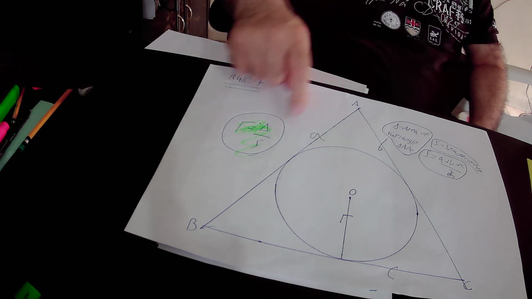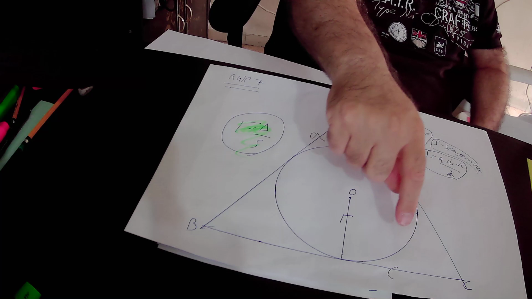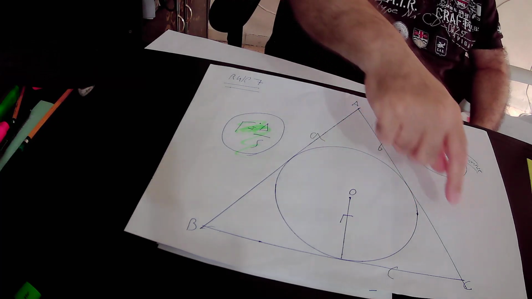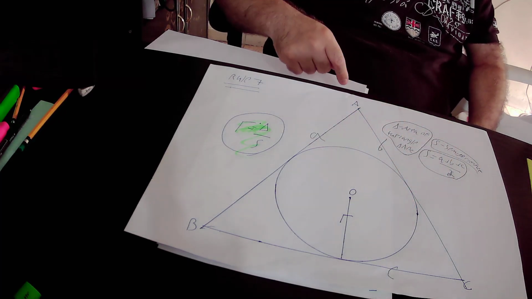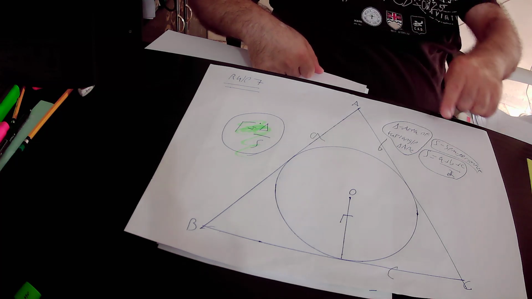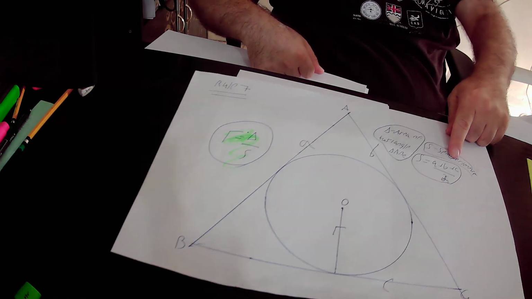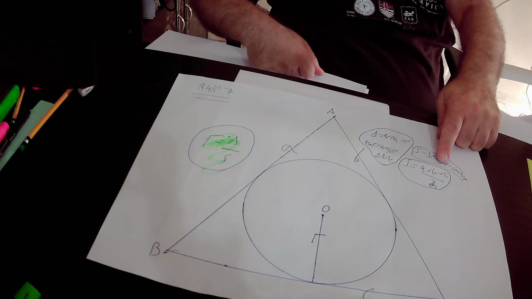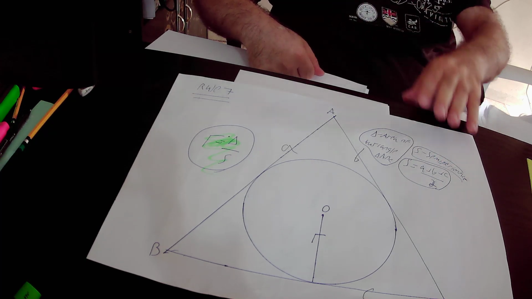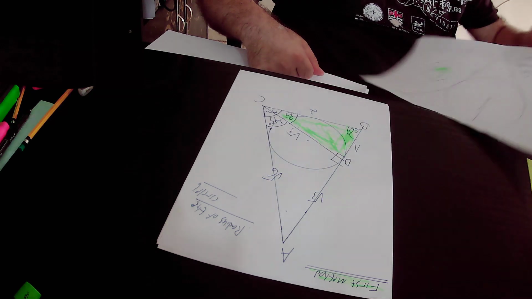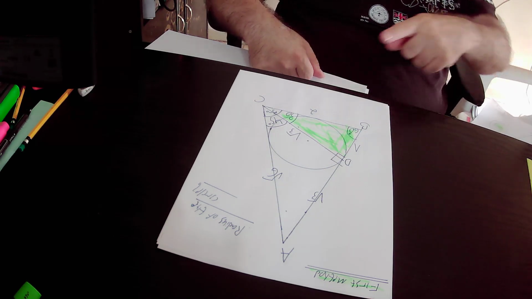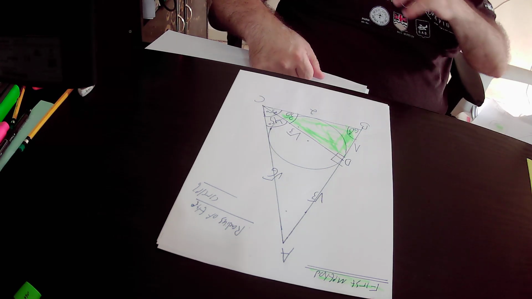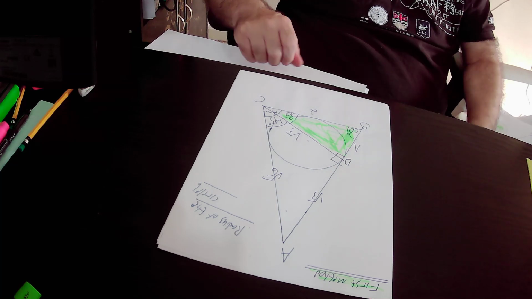The length of side AB is c, the length of side BC is a, and the length of side AC is b. Therefore, the perimeter of triangle ABC is a plus b plus c. If we divide it by 2, we'll get the semi-perimeter. So we use this formula in order to find out the radius of this circle inscribed by triangle ABC.